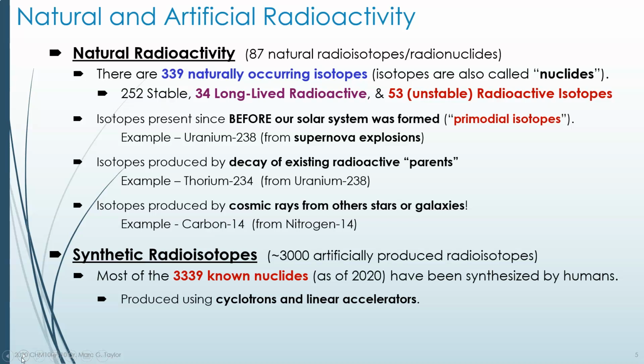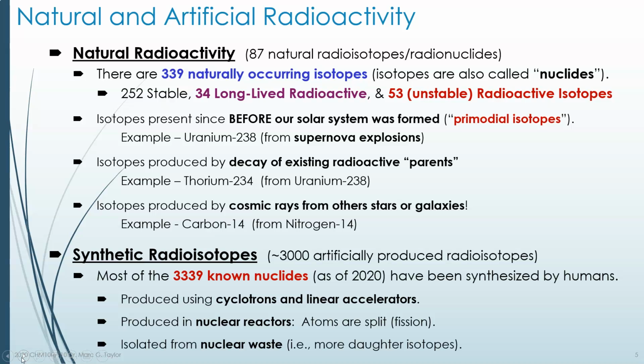And these can be produced in big nuclear accelerators called cyclotrons or linear accelerators. They can be produced in nuclear reactors where atoms are split in a process we call fission, which again we'll talk about later.